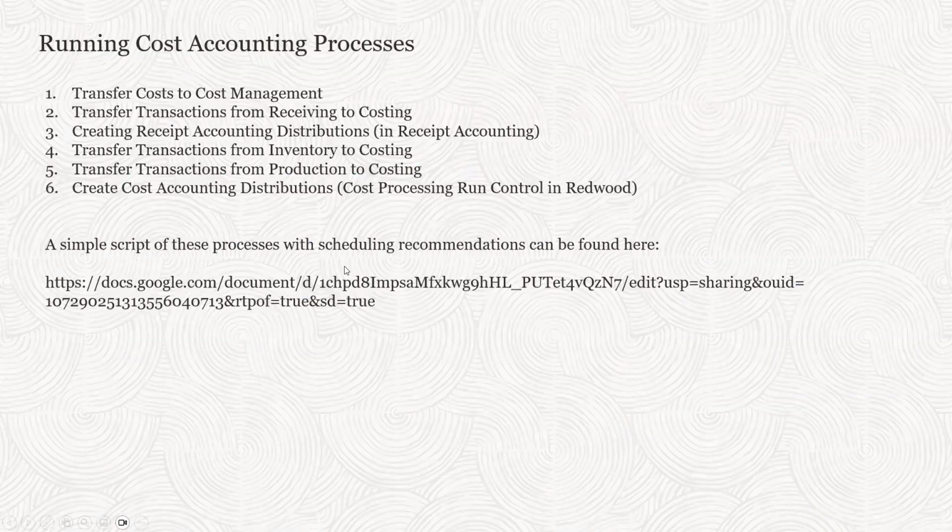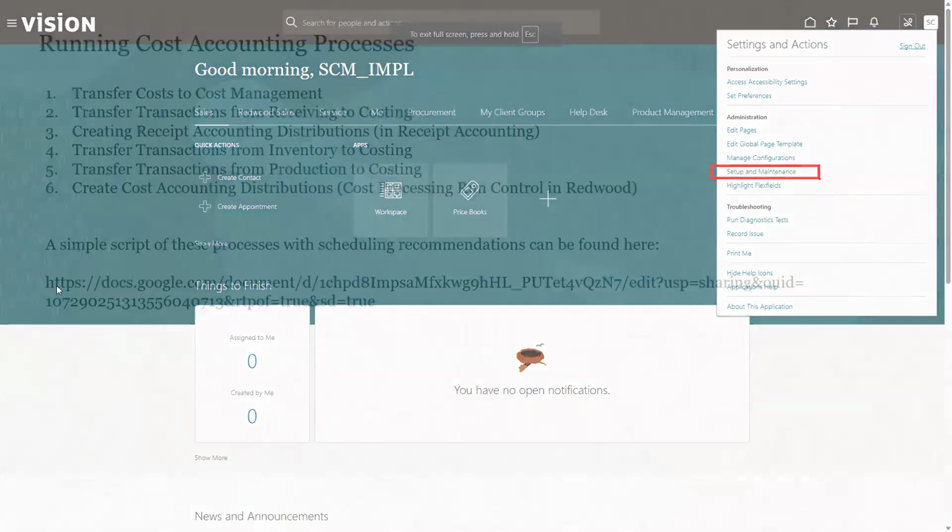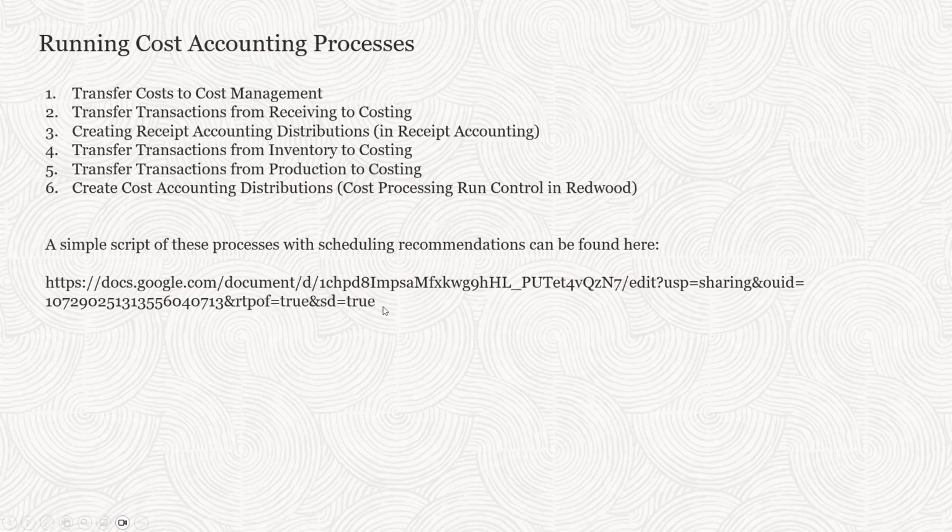And so I've included this in the PowerPoint. I've also included the document of suggested times and recommendations if you're running this in a production environment, of how often these processors can run, and you can modify it to fit so that these run in the background. You don't have to run them individually.